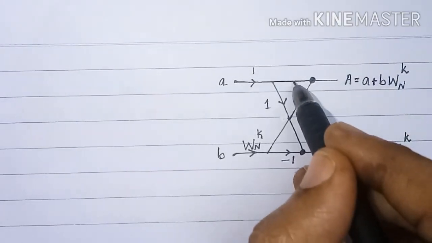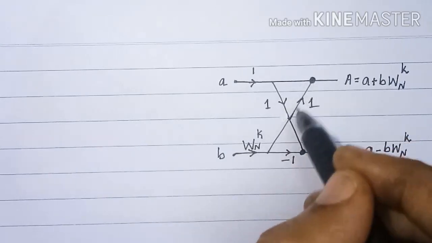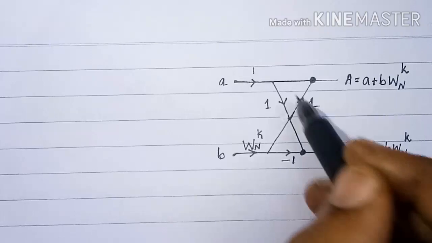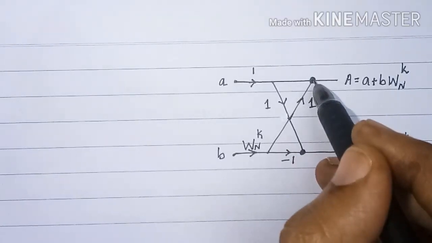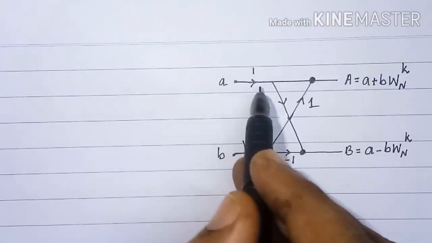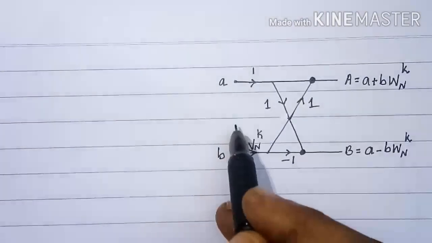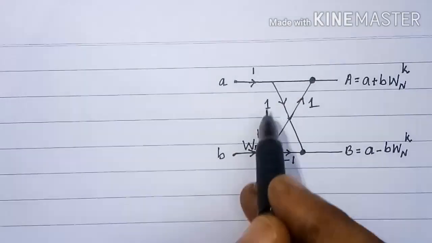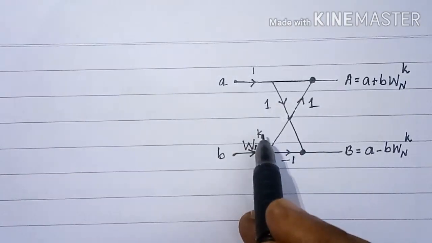That means the numbers incoming to these dots must be added. And also you can see arrow marks and some numbers beside these arrow marks.